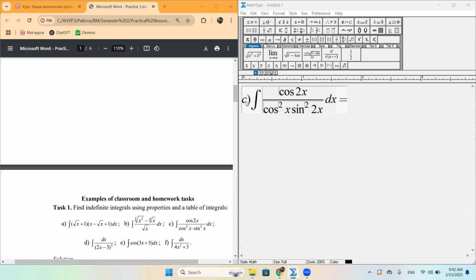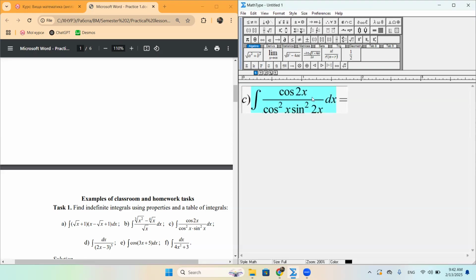No idea? Okay. So we need to transform this expression.